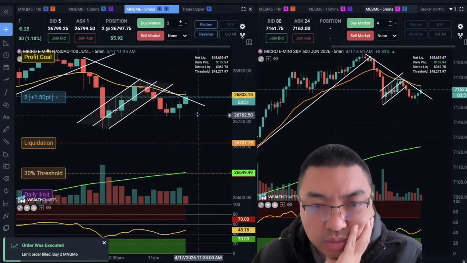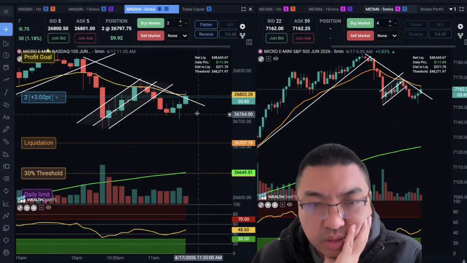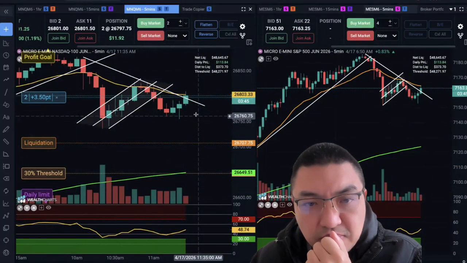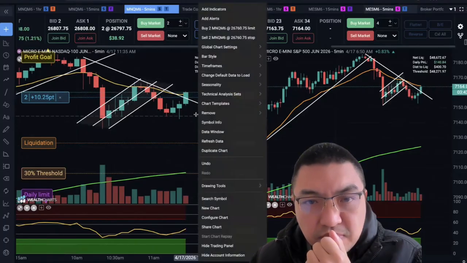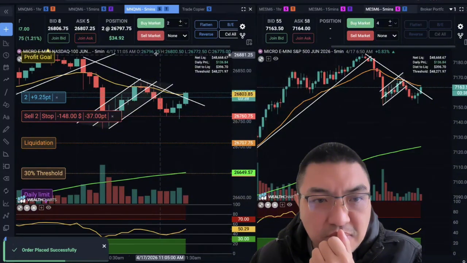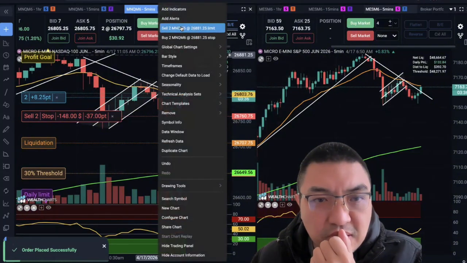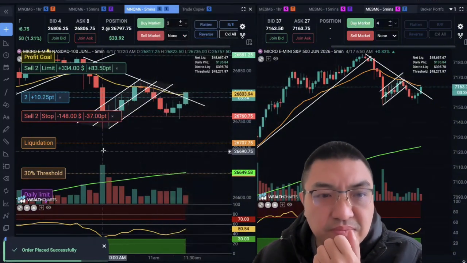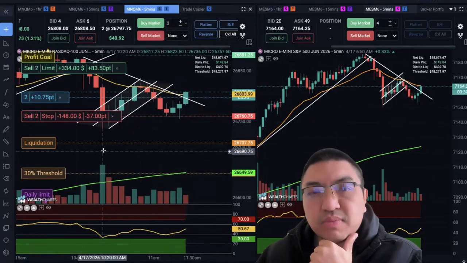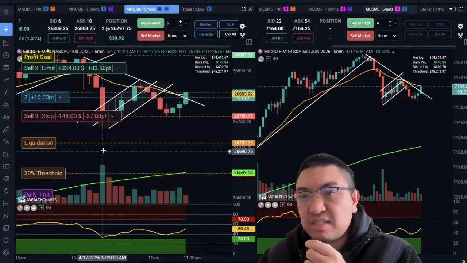So my stop loss will probably be here. Buy, sell. So my realistic take profit will be here. Fair enough, 1.2. So this is a double bottom. The answer is a double bottom.